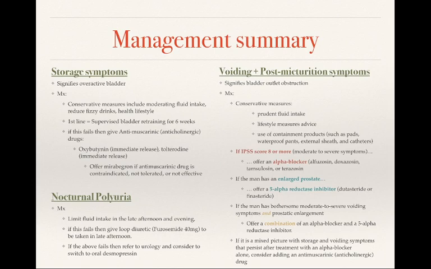If the man has an enlarged prostate, then you would offer them a 5-alpha reductase inhibitor. If the man has both moderate to severe voiding symptoms and prostatic enlargement, then you give them a combination therapy of alpha blocker and a 5-alpha reductase inhibitor. I hope this slide clarifies things.